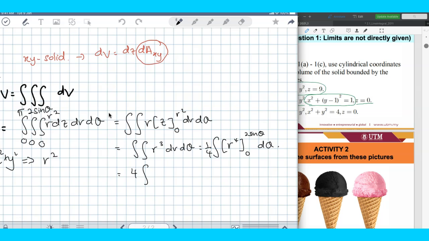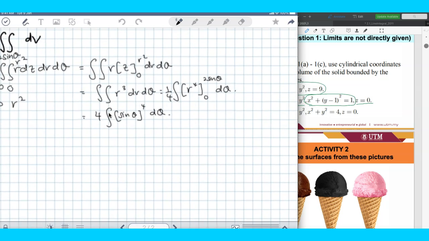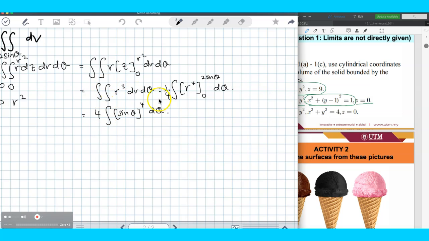So we have sine theta to the power 4, d theta. Okay, so you have to find a way to integrate sine to the 4.